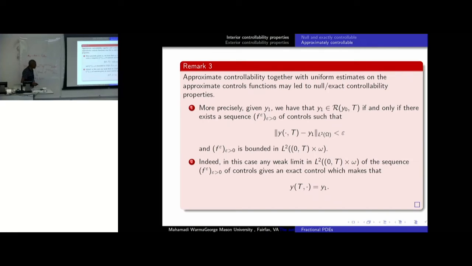Because in this case, any weak limit of the sequence of controls f epsilon will give an exact control which makes y of T exactly y1. And if it is uniformly bounded, then the weak limit will give you a control function. But most likely, having that bounded is not given for the problem we have.